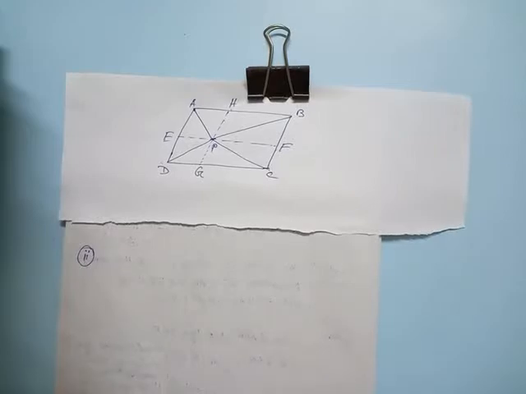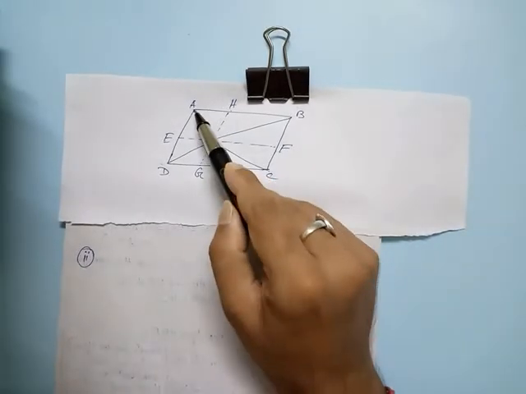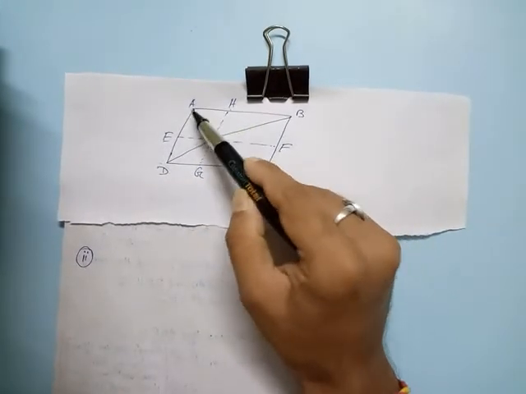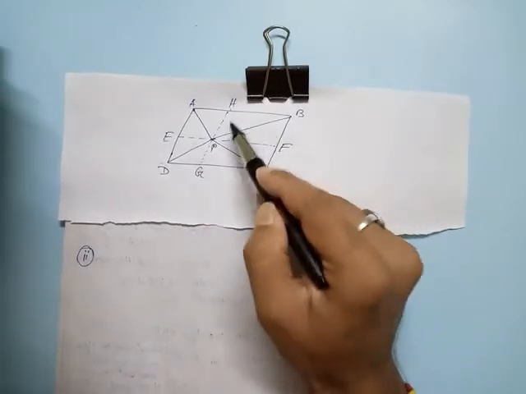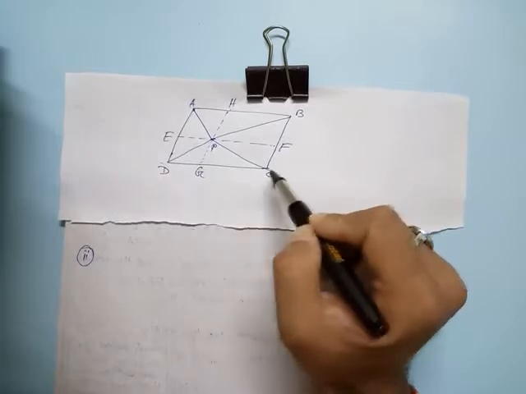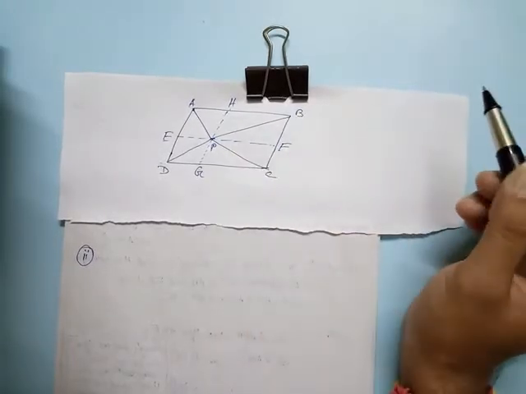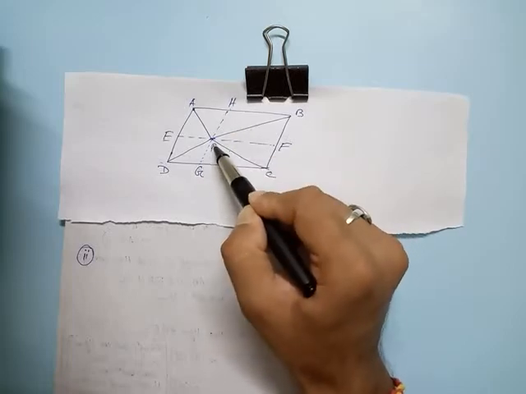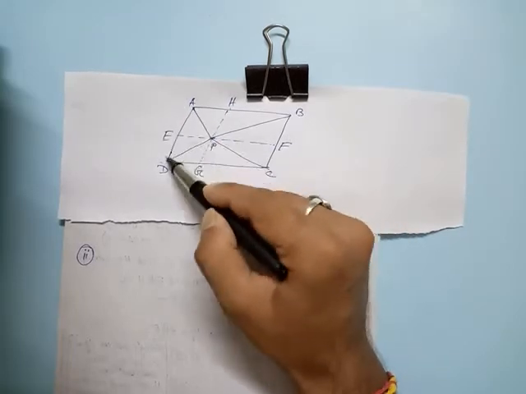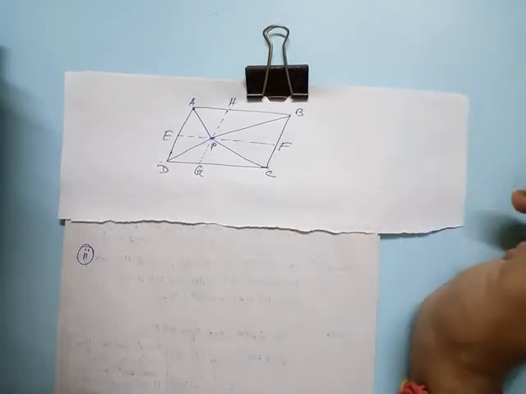Now student, for Roman 2, look here, AHGD or ADGH is another parallelogram and HGCB is another parallelogram. Why? Because we draw GH through P and GH parallel to AD and GH parallel to BC also.